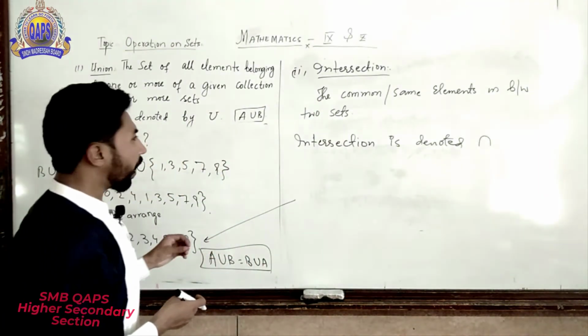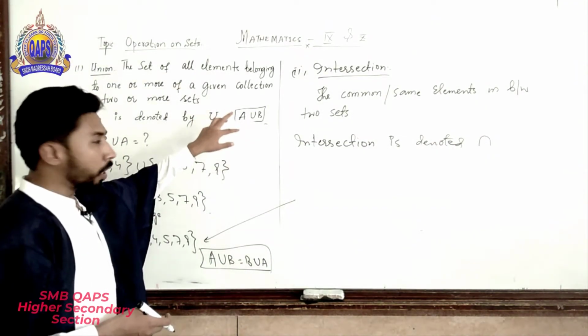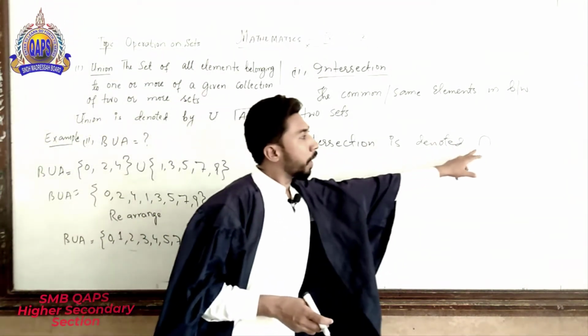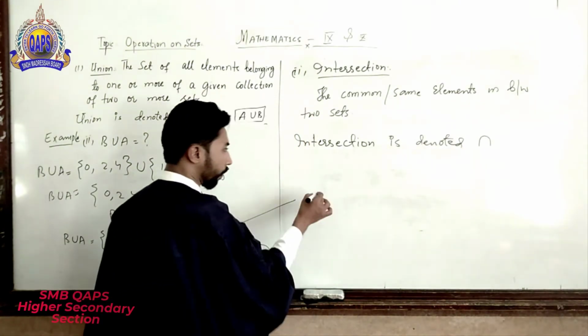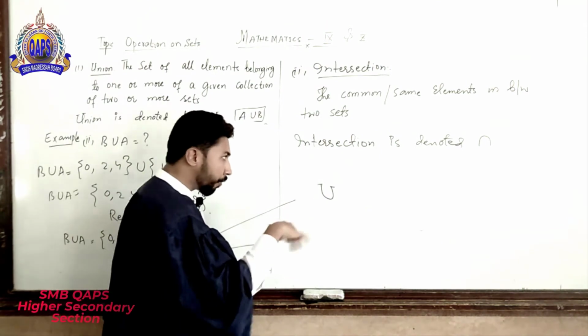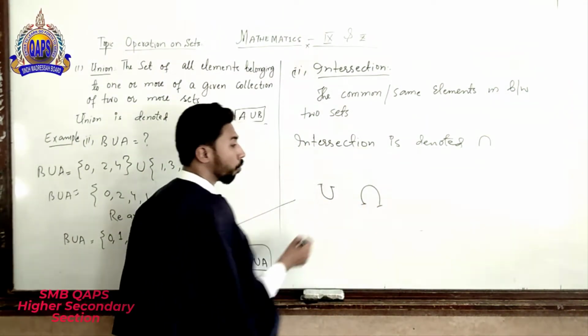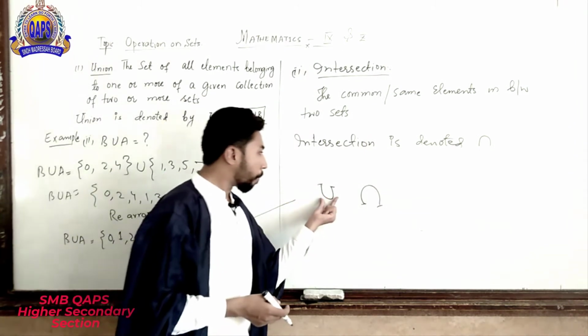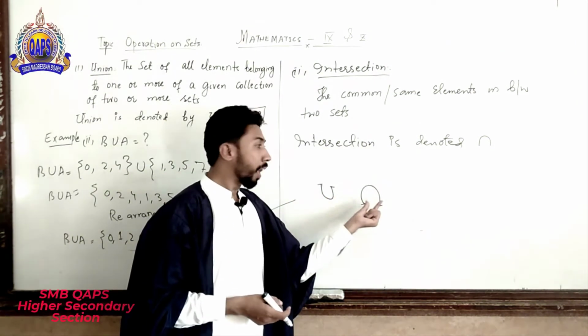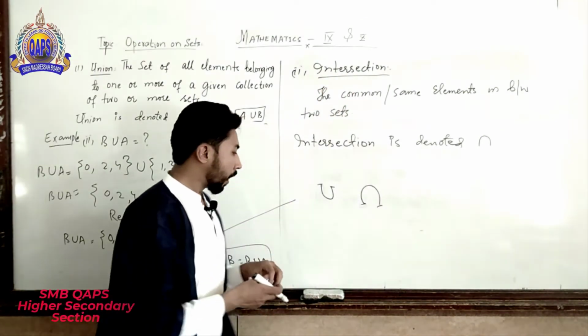Simply you can say that the inverse of U is intersection. Here we write U in this form. If we invert this U, this shape represents the intersection.